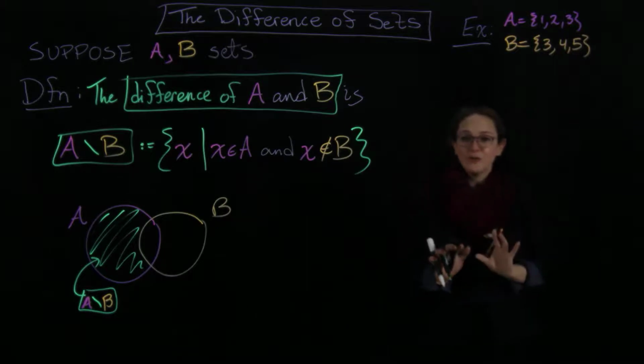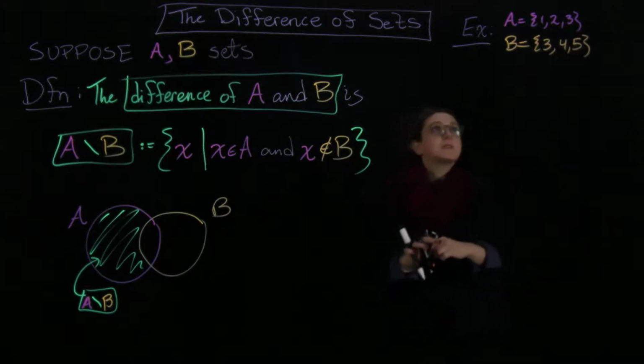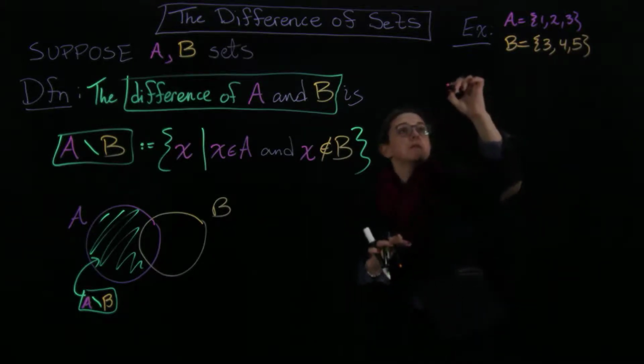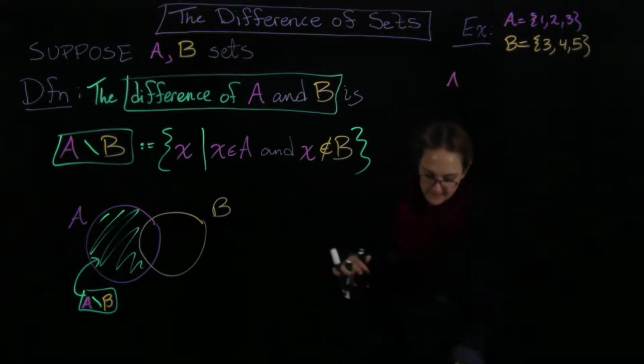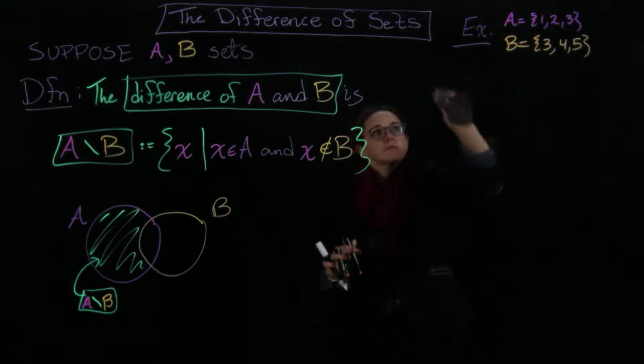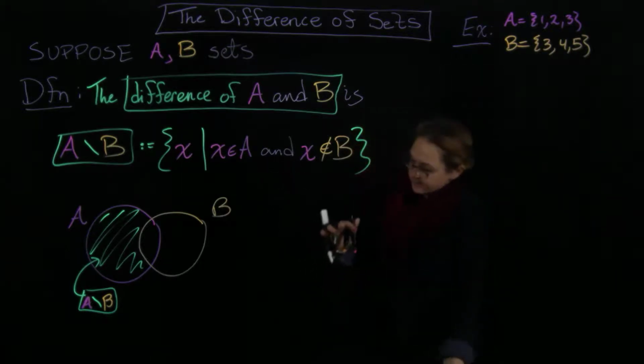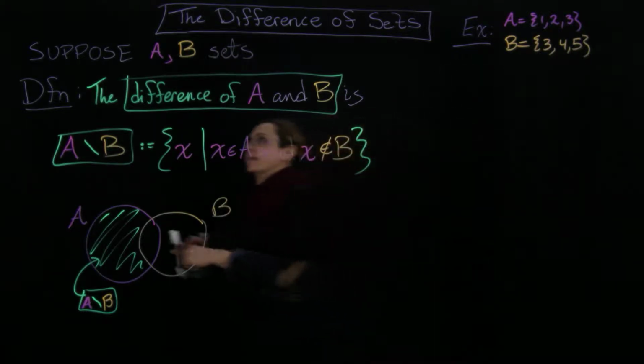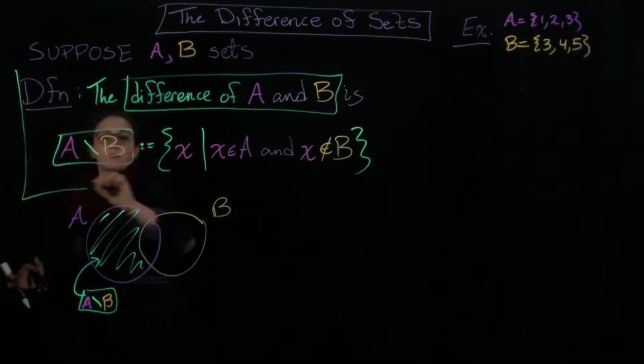How do I find the difference? If I want to take A without B, that's the definition there. In fact, let's box the whole definition. So here's my whole definition.